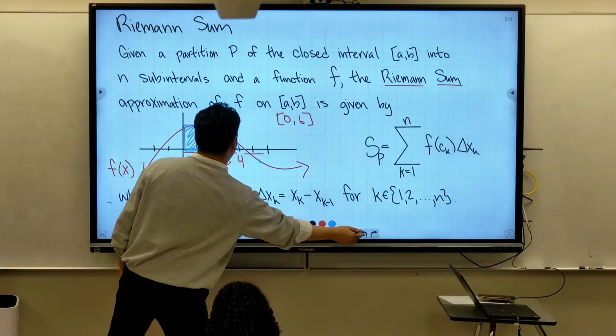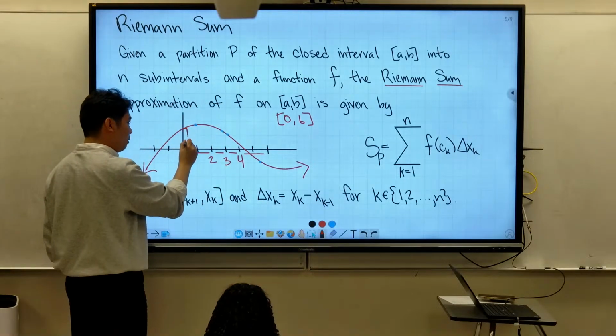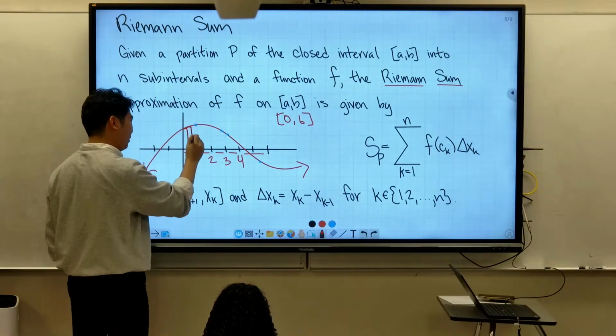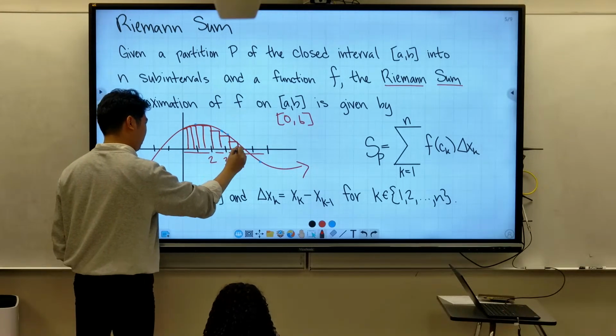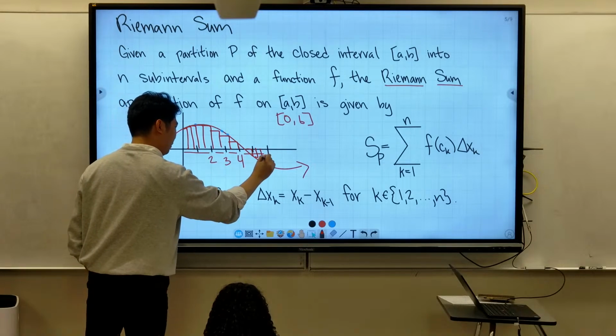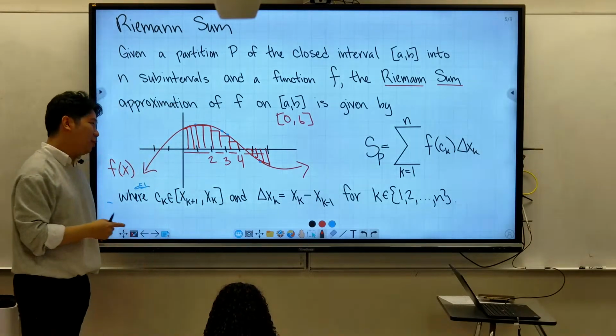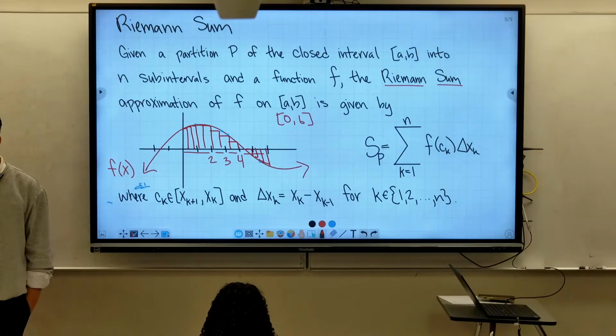Erase all these so that people can see it. If instead I chose really small ones, I could do something like this. Like really small intervals? Yeah, really small intervals. And would you agree that one would be probably a better estimate than the one we started off with? That means I made the width of the subinterval smaller and smaller.